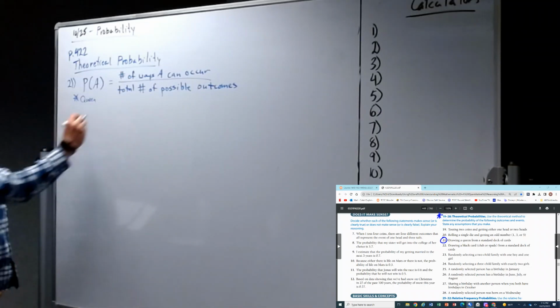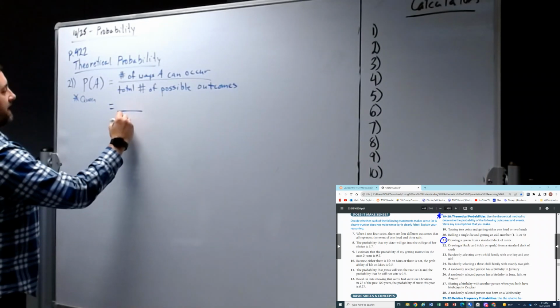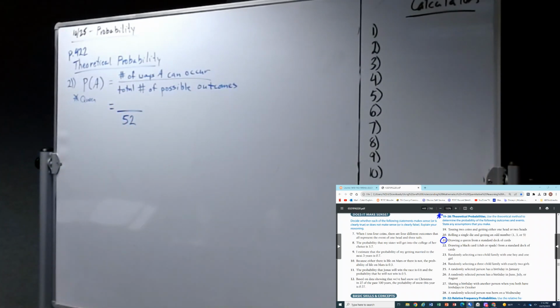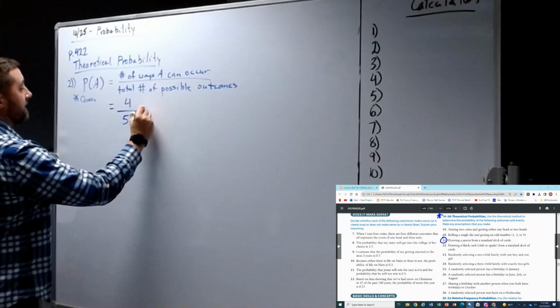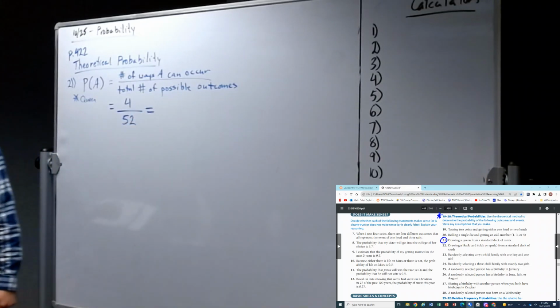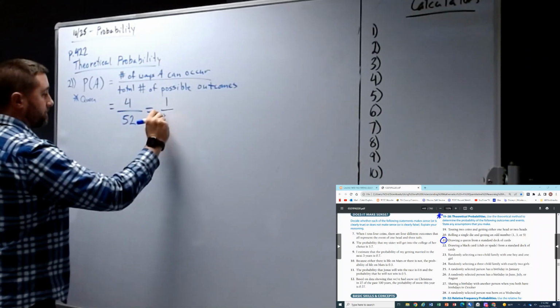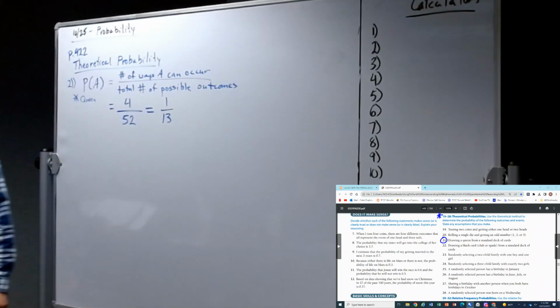No jokers. 52 in a deck. All right? Now, out of that 52, how many queens are there? 4. Yeah, so there's 4 queens. Okay? Then 4 over 52 reduces down to what? 1/13. Now the textbook is happy with 1/13.